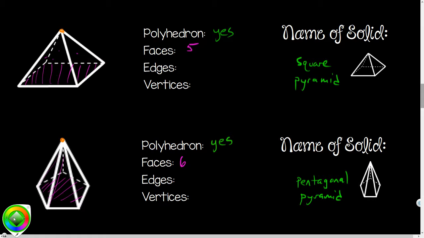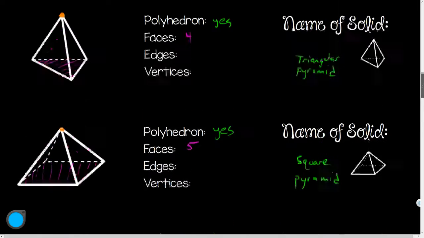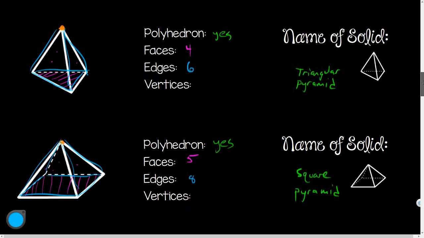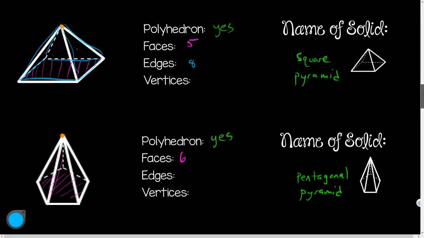For the number of edges, let's see if I can find a way to quickly count these. I've got 1, 2, 3 on the base, and then one more edge per corner of the base. So 3 plus 3 is 6. This one's 1, 2, 3, 4, and then one more edge extending from each of those corners. So 4 plus 4 is 8. And this one has 5 on the bottom.